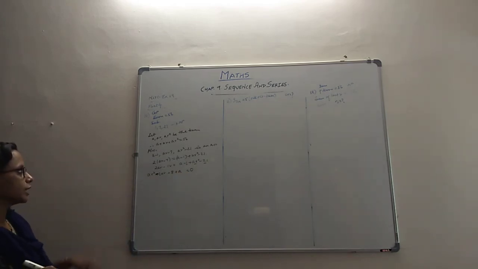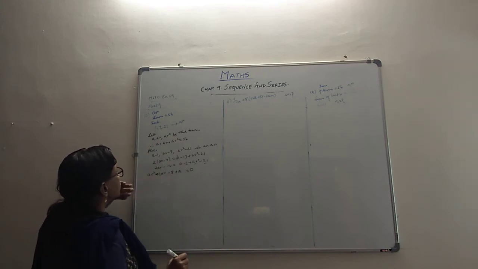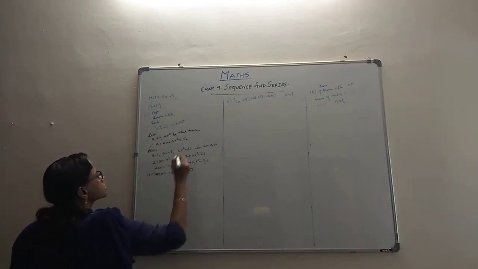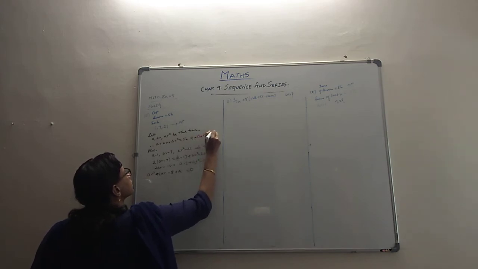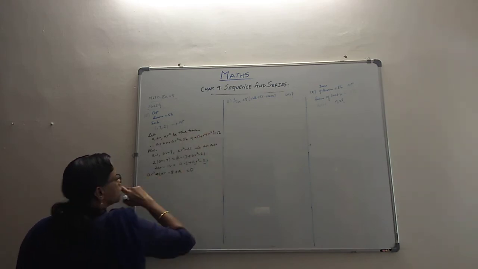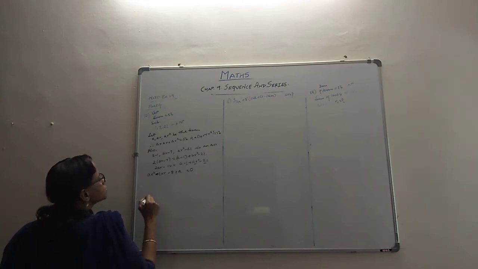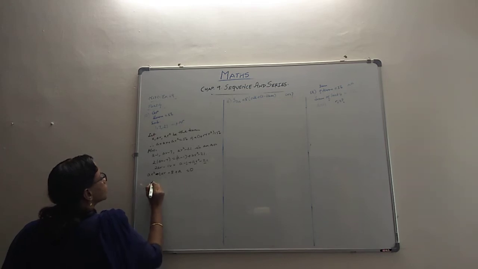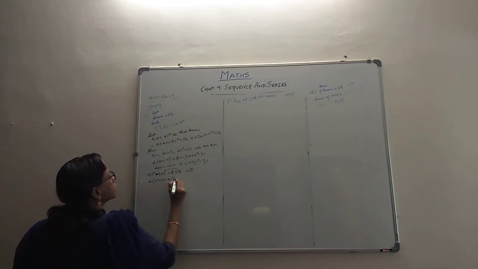This is the term that you're getting here, and here you have A into 1 plus R plus R squared equal to 56. So once we get across doing this, we could have it like this: A into R squared minus 2R plus 1 equal to 8.